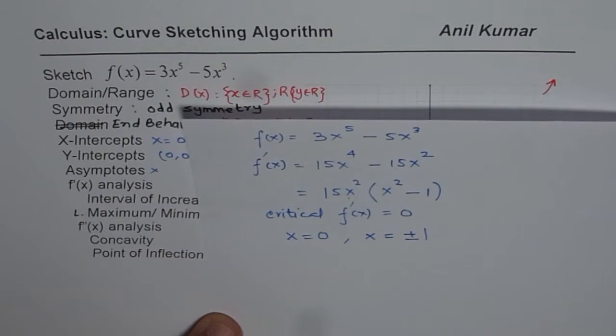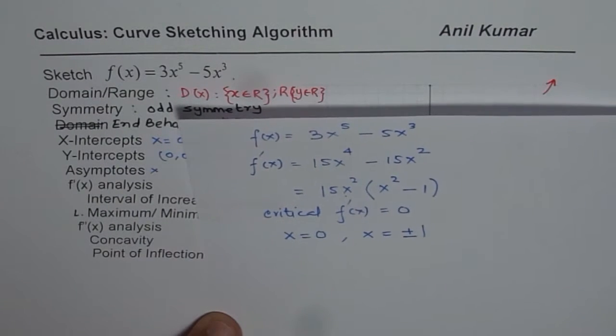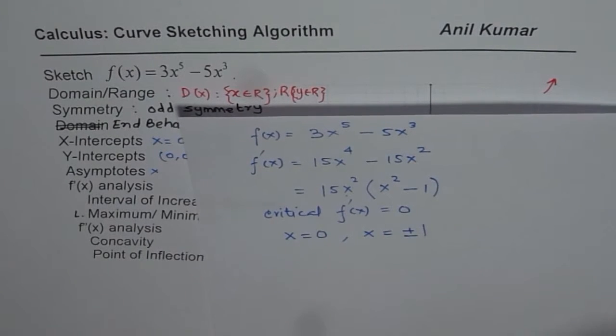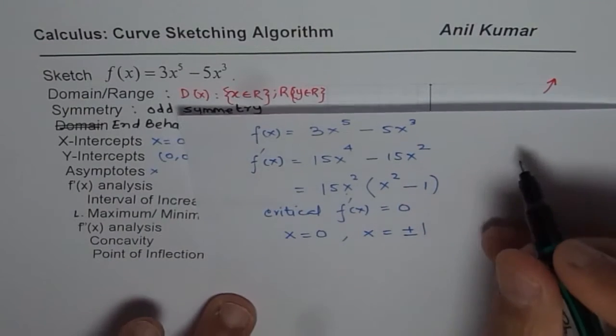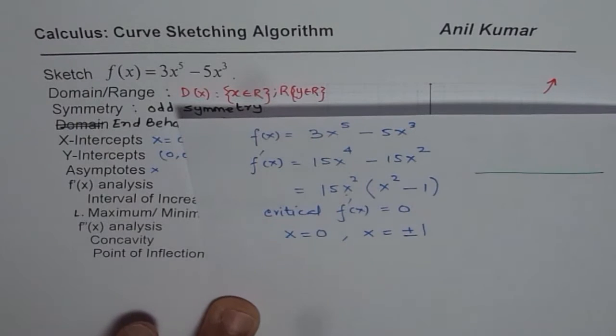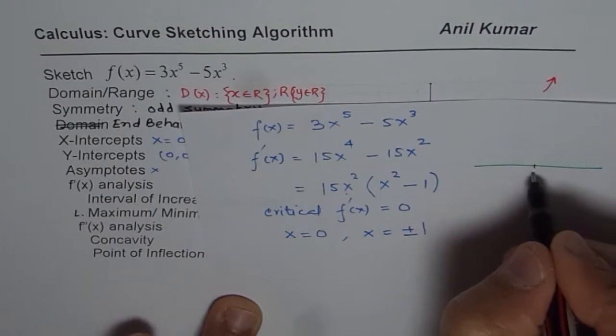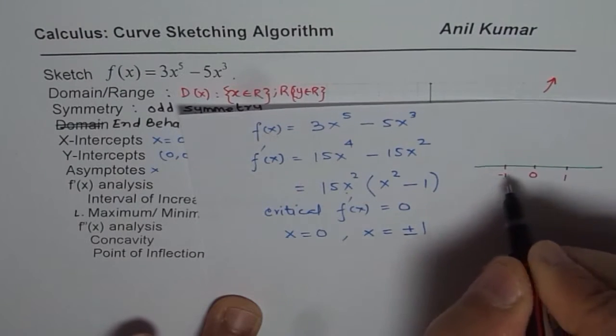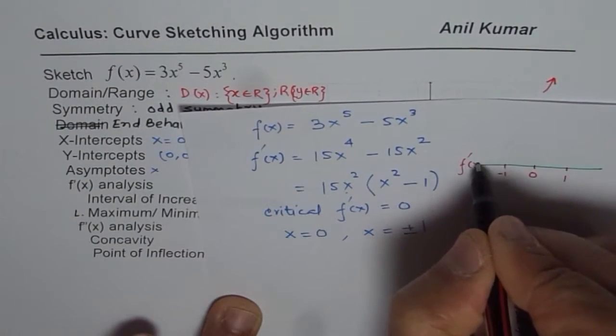So we have 3 critical numbers in this particular situation. Now, let us analyze these critical numbers. To analyze them, what we can do is take test points, right? So let us say that is the line on which we mark the points 0, minus 1 and plus 1, and we are trying to analyze the first derivative.